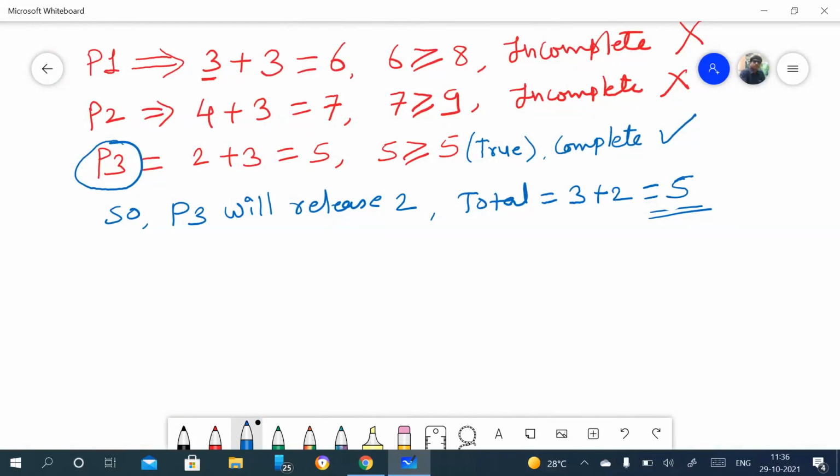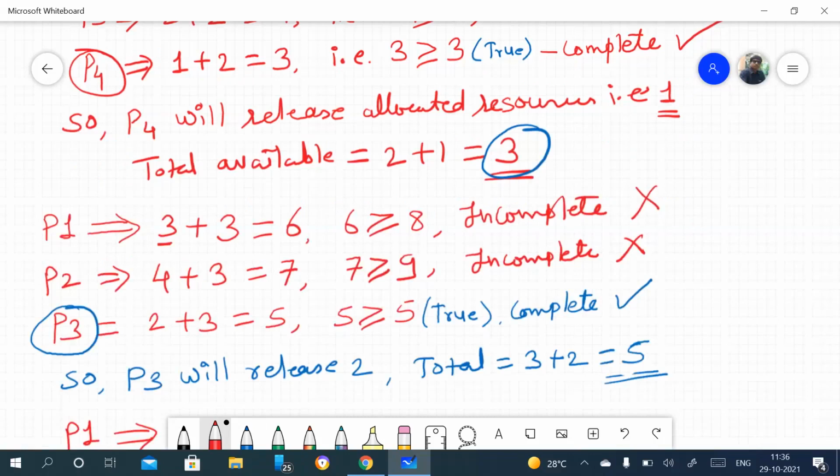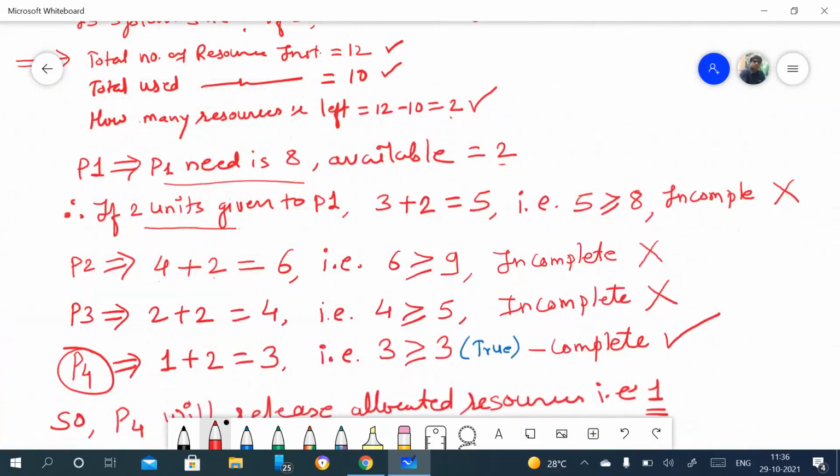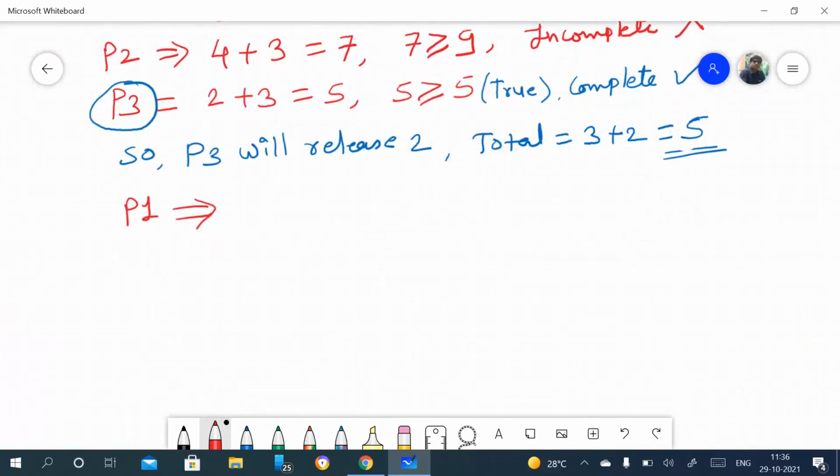Now the executed are P3 and P4. Now P1, P2 are left. Again, we'll just go to P1. So P1 allocation is 3 and need is 8. So we know we have 5 in our hand.